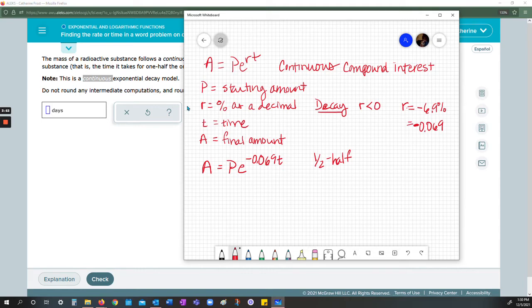So we're supposed to be solving for t, and it would be the time it takes for whatever the starting amount P is to become 1/2 P. So instead of the A, let's make this 1/2 P, or P over 2, or 0.5 P, whatever you're comfortable with. And then we have P times e to the negative 0.069t.